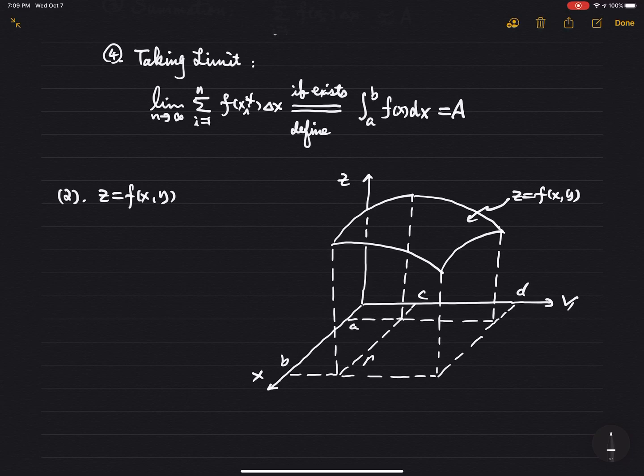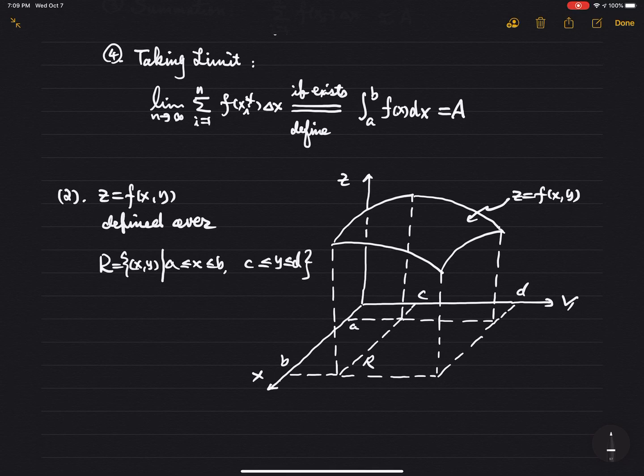Suppose this region we call R, and the function is defined over R. R is this rectangle of (x, y), where x is between a and b, and y is between c and d.